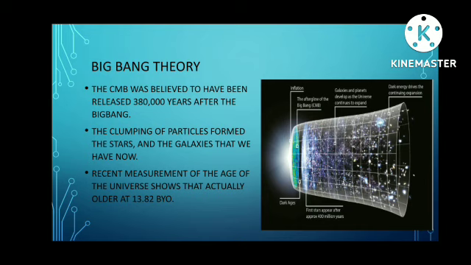The first atom is composed of electrons, protons, and neutrons. And after 380,000 years, the first CMB was released, the afterglow of the Big Bang.